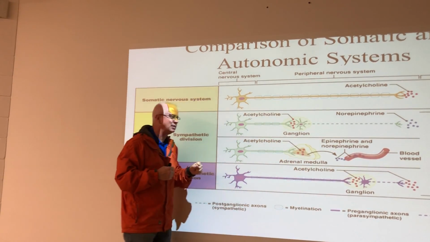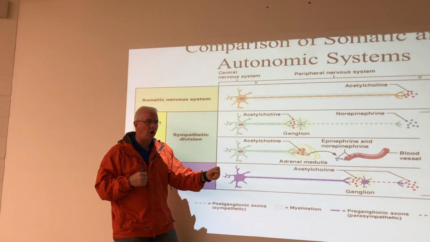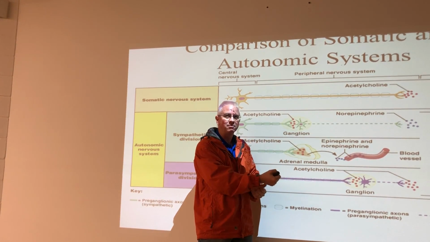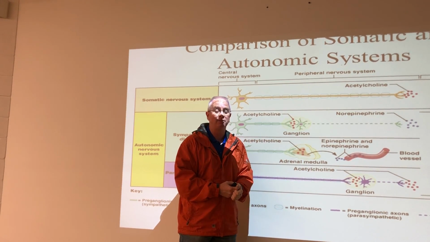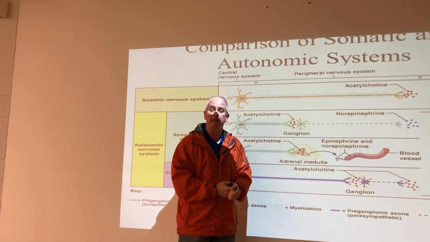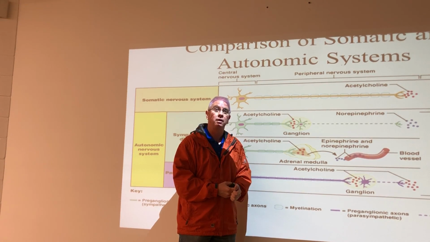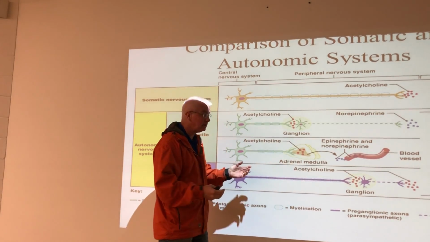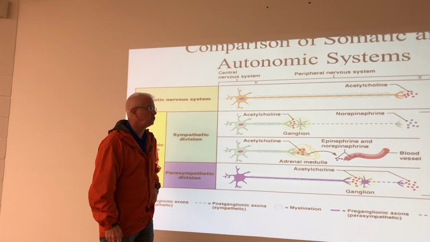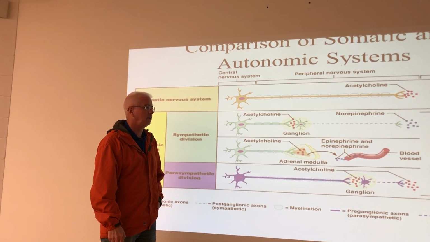The parasympathetic system is long acetylcholine, short acetylcholine. If you can remember that, it will take you a long way in describing the anatomy of the sympathetic and parasympathetic nervous system. Okay, so this is intended to really highlight the chemistry, the neurochemistry here in talking about neurotransmitters.